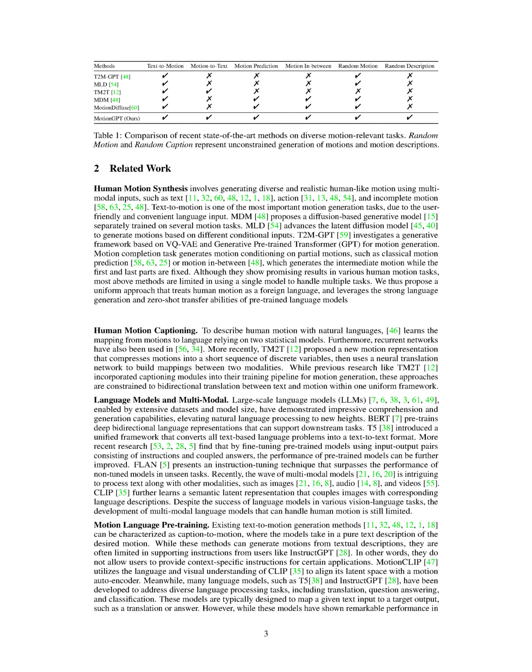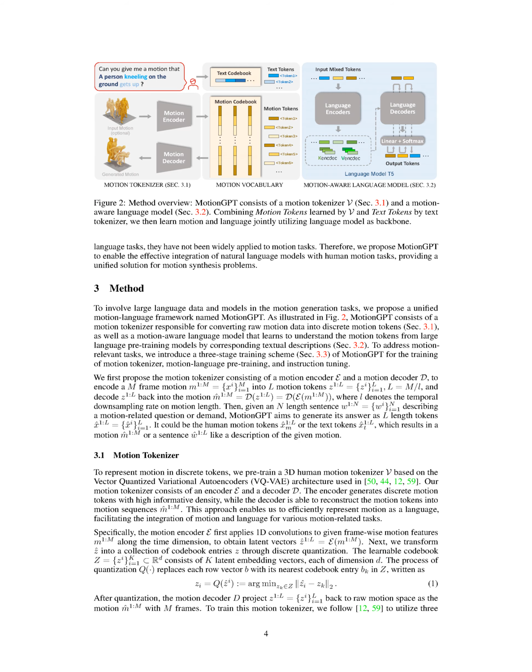Current text-to-motion generation methods, which can be described as caption-to-motion, have their limitations. While they can create motion from text descriptions, they often struggle to handle user instructions in a context-specific way. In response to this, we suggest MotionGPT, a model that merges natural language models with human motion tasks effectively. This solution would provide a comprehensive answer to motion synthesis challenges.